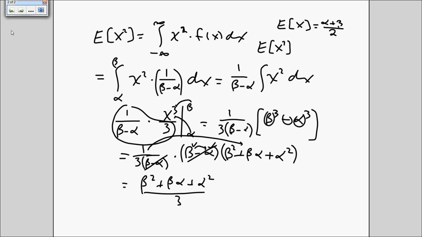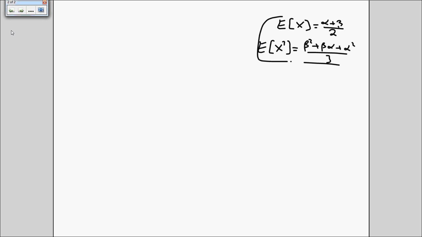E of x squared is beta squared plus beta alpha plus alpha squared all over 3. With this information and algebra, we can find the variance. This is definitely a problem you should be able to handle, if you know how to factor the difference of cubes.